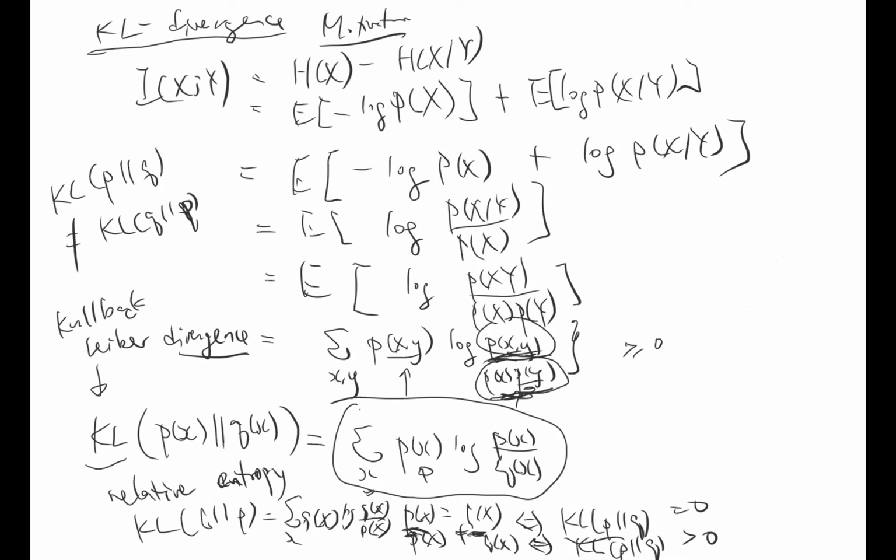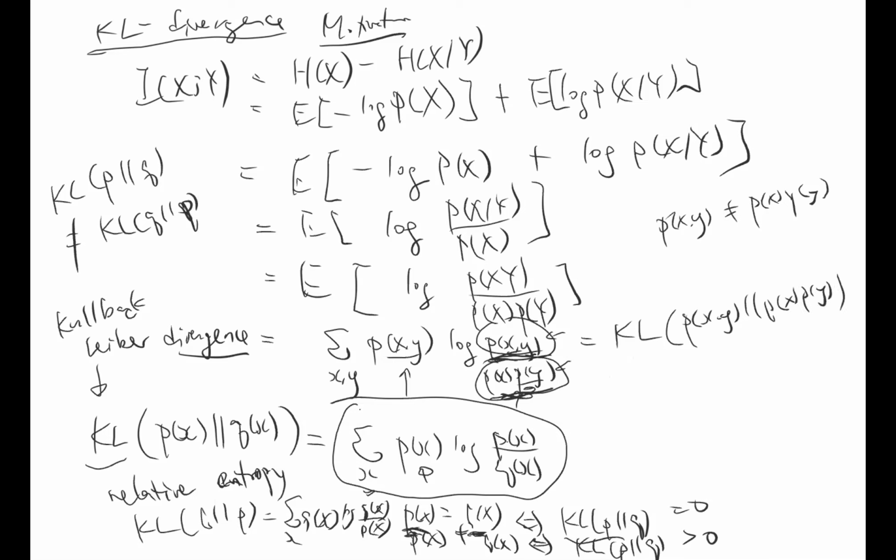Back to the mutual information example again. If these two are not the same, then that means you don't have independence. If you don't have independence, the KL-divergence will always be bigger than 0, if p(x,y) is not equal to p(x)p(y). And of course, I can write this in the form of KL-divergence: KL of p(x,y) and p(x)p(y).